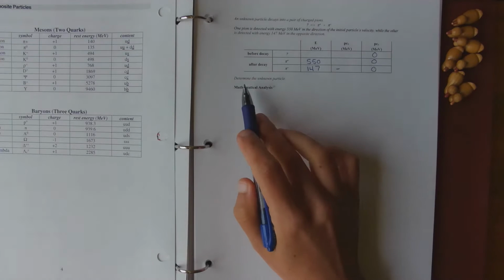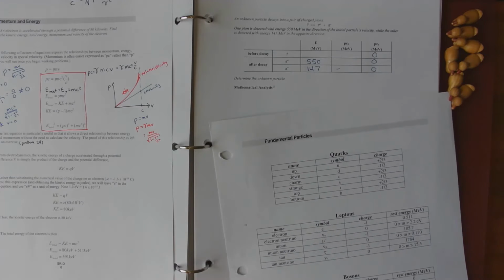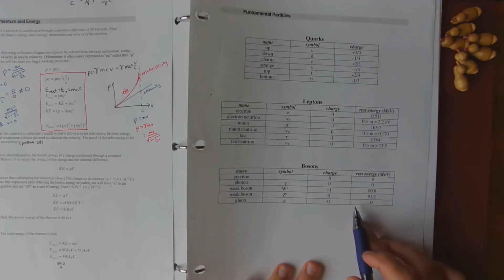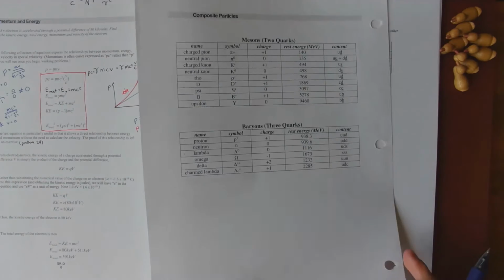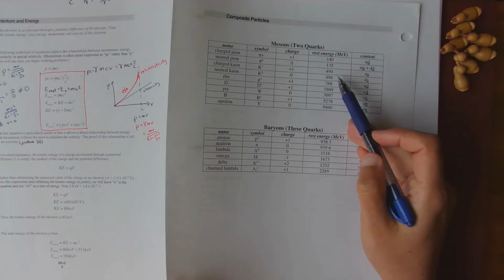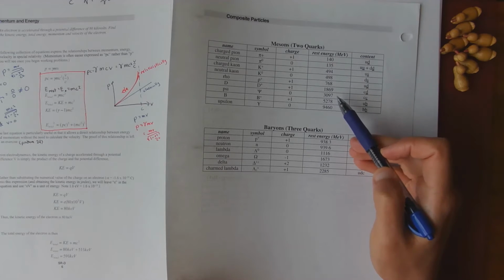We want to determine the unknown particle, which we can do by finding the rest energy for the unknown particle, because if we look at pages 3 and 4 in the appendix, you are given the rest energy for different particles, and provided that the rest energies aren't really close to each other, you should be able to determine the identity of the unknown particle.